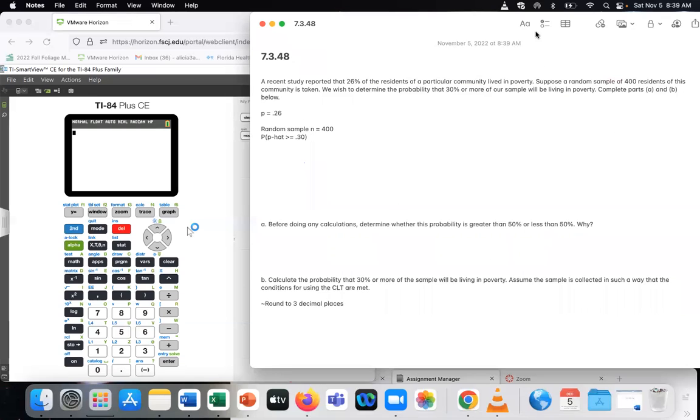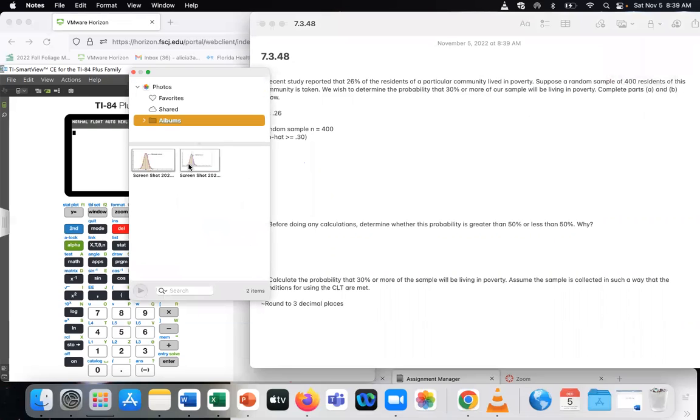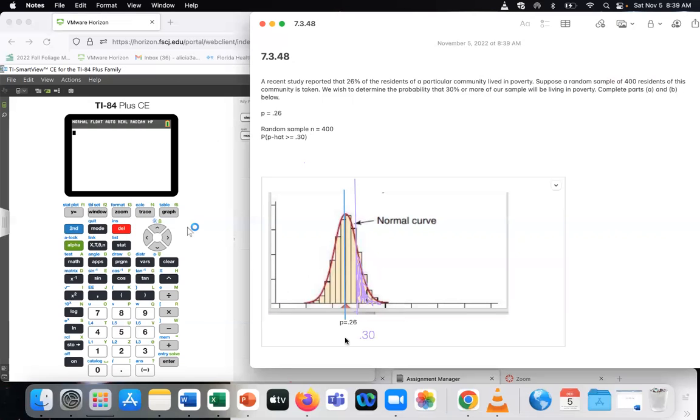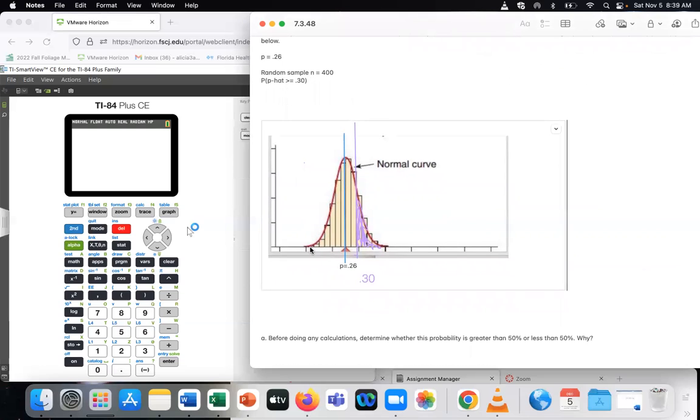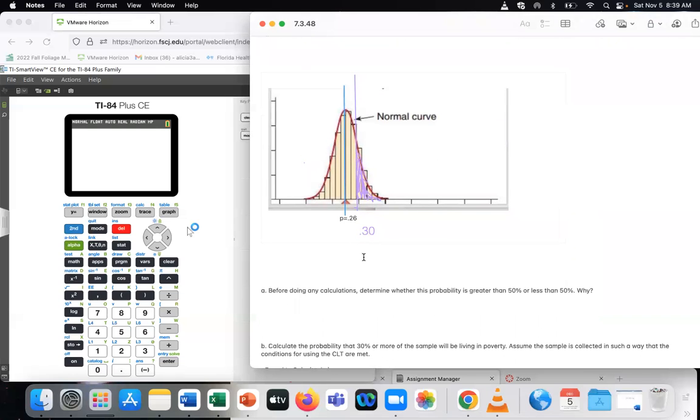Well, what that correlates to is if we had our population, because we're told it's a random sample and we're going to assume that it's been sampled in such a way to allow it to be normally distributed, then our p-value is similar to mu here with our z. Our p-value is going to be the 0.26. 0.30 is going to be over here to the right. It's the shaded purple region on that chart.